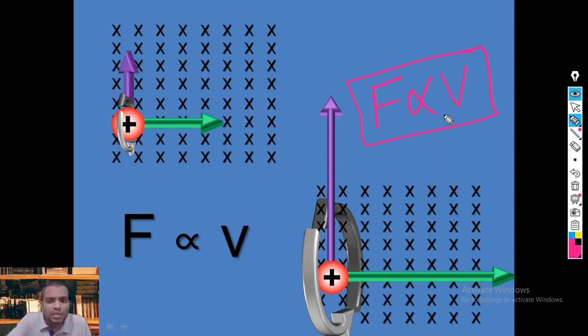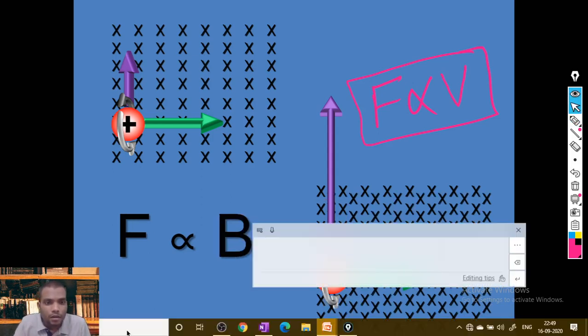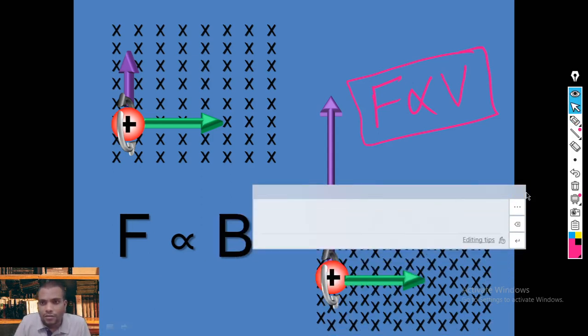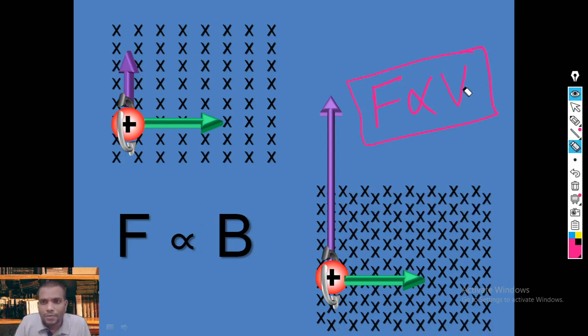So if the charge is moving very fast, then the force on the charge is more. Now finally, one more quantity the force depends on. Here the force is directly proportional to the strength of the magnetic field.